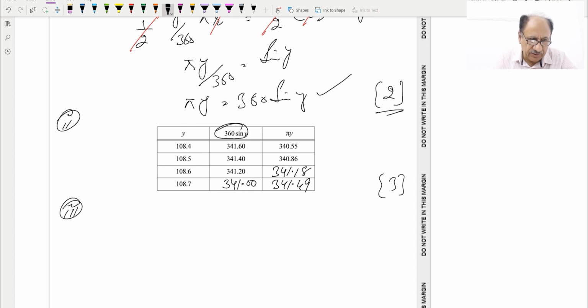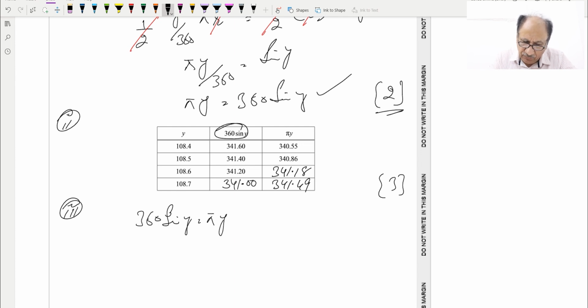Now for the third part, they're saying complete the statement: the value of y, correct to 1 dp, that satisfies the equation 360 sine y is equal to pi y.